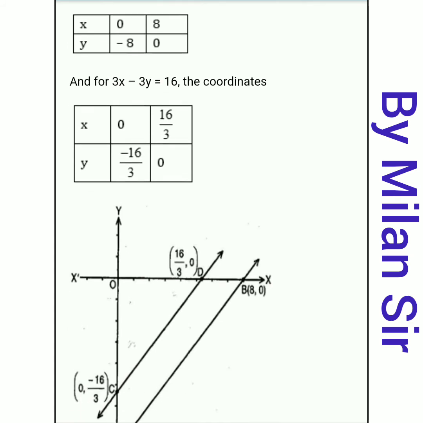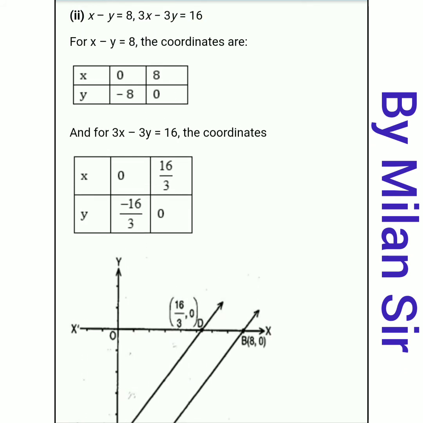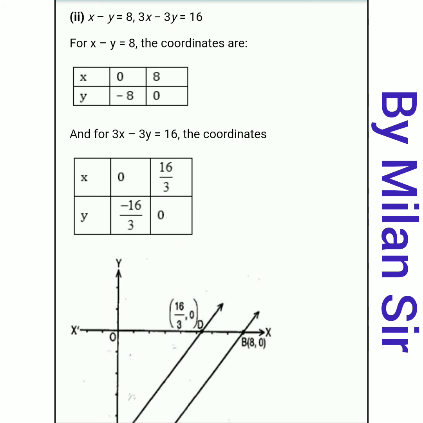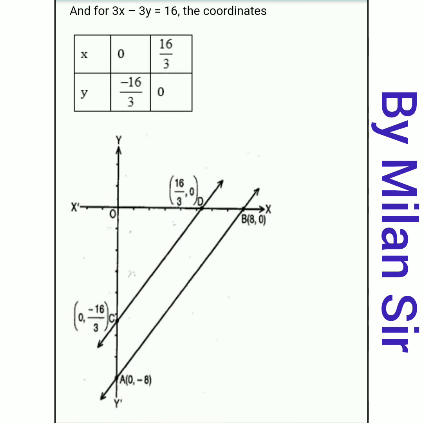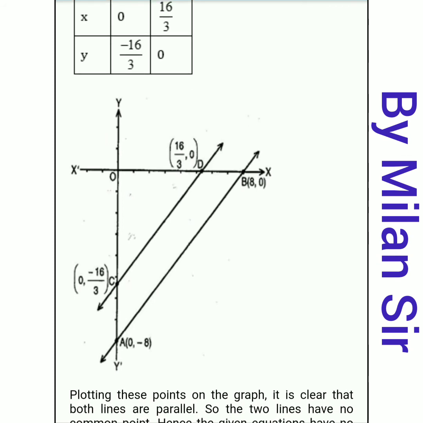Now put these points on the graph. For the first equation, remember the points 0, minus 8 and 8, 0. The point 0, minus 8 lies on the y axis, because the x coordinate is 0, and minus 8 means on the negative y axis.